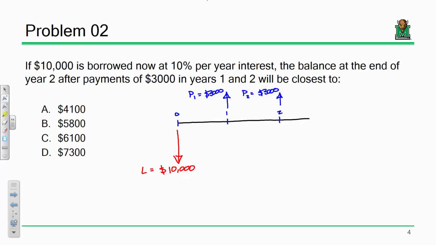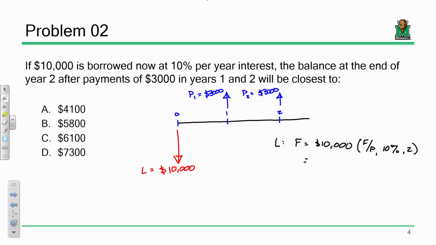For the loan, the future value is 10,000 times F over P at 10% interest for 2 years.